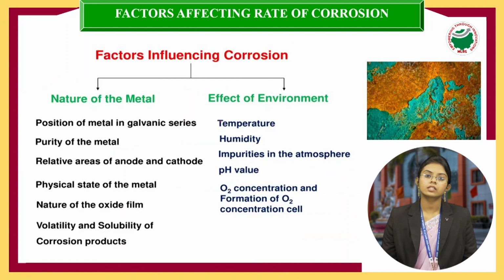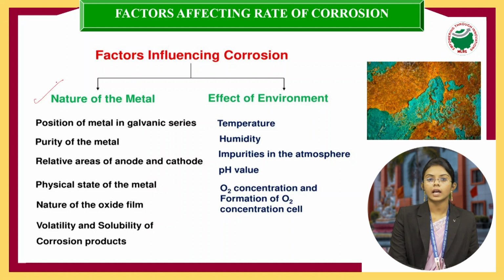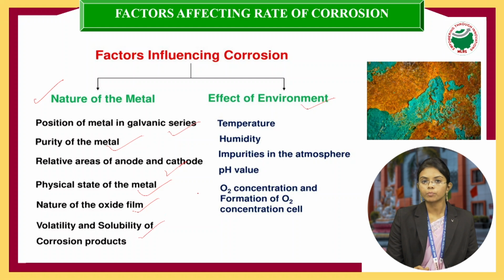Now we have the other topic, that is factors affecting the rate of corrosion. The factors affecting the rate of corrosion are classified into two types: based on the nature of the metal, and based on the effect of the environment. Based on the nature of the metal, we have position in the galvanic series, purity of the metal, relative areas of anode and cathode, physical state of the metal, nature of the oxide film, and volatility and solubility of the corrosion product.